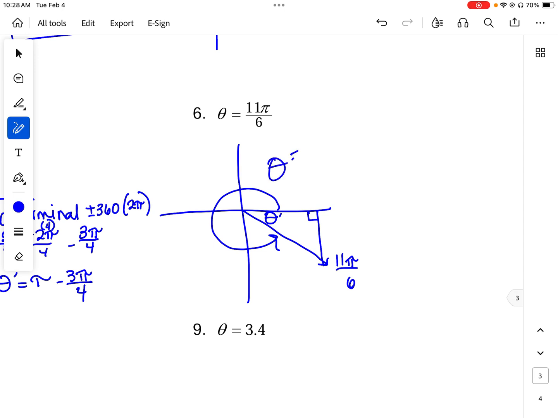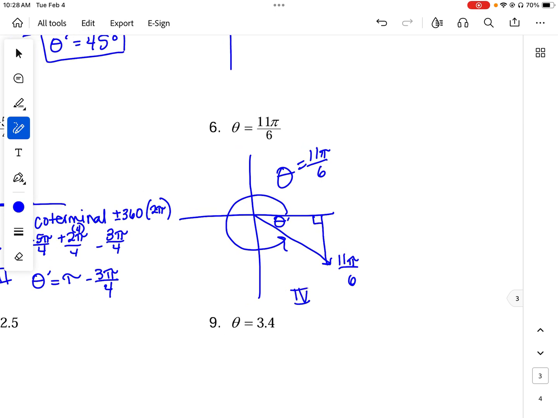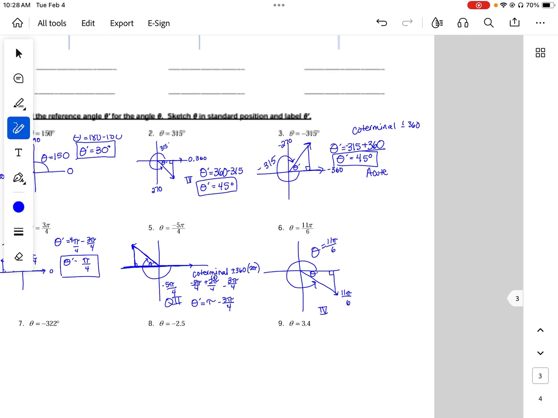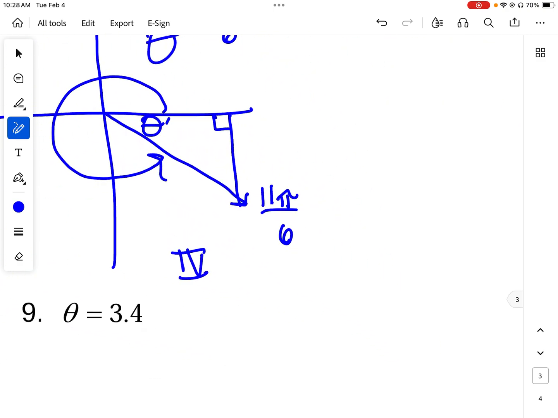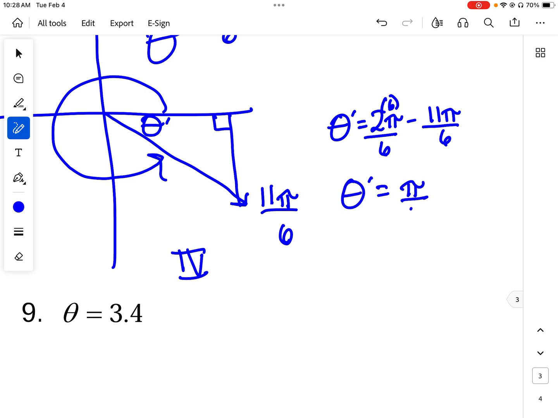We know theta is 11 pi over 6, so we are in quadrant 4. We use the rule up here, 2 pi minus theta. So theta prime is found by doing 2 pi minus 11 pi over 6. Got to do the work, so times 6. 12 minus 11 is 1, so theta prime is pi over 6.